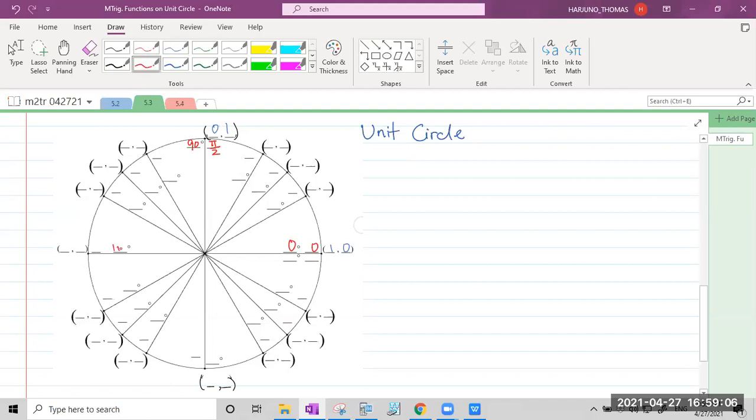This is 180 degrees. In radians, this is pi. Now, what is cosine pi? Cosine pi will be -1. Sine pi is 0. This is 270 degrees. In radians, that's 3 pi over 2.